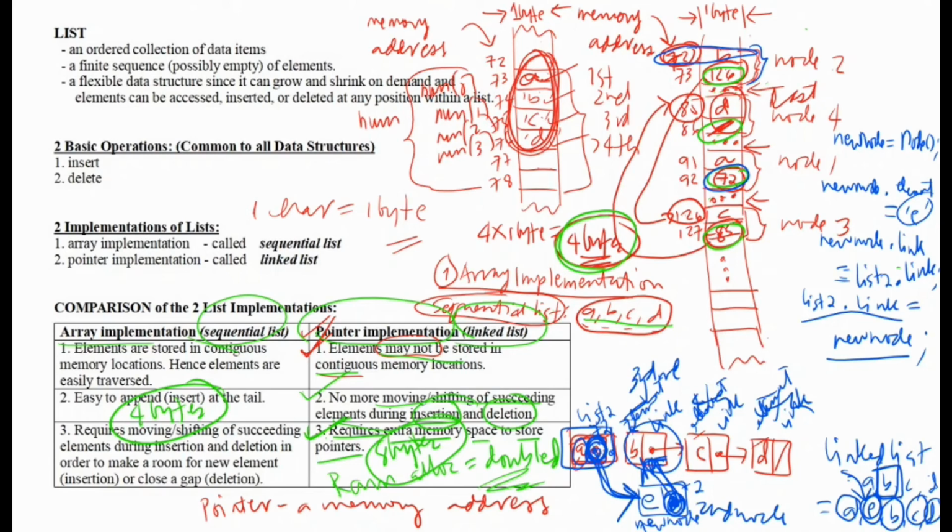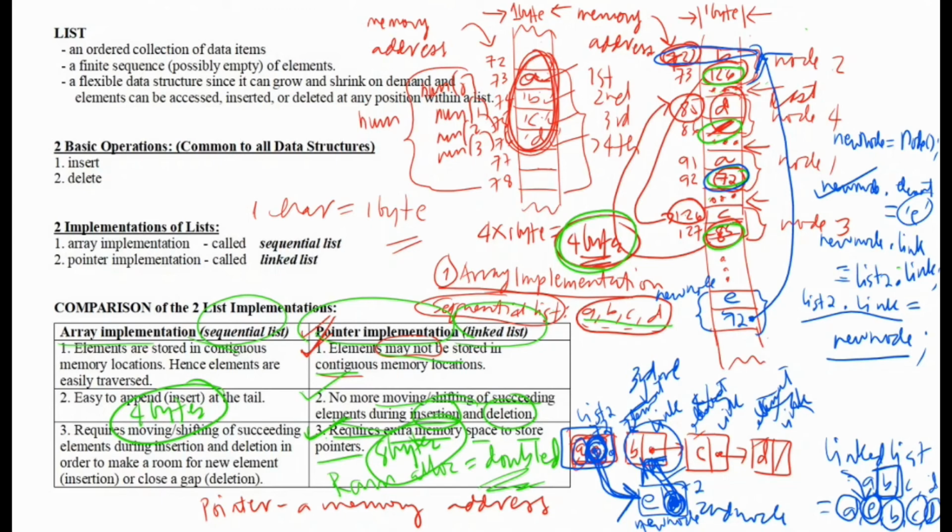And did we move B and C and D forwards? No, we did not. If this part here is the new node, these 2 bytes here are the new node, you assign E by this statement, and then by this statement, you make these 2 have a value 72, which means that it is now pointing to node 2, right?